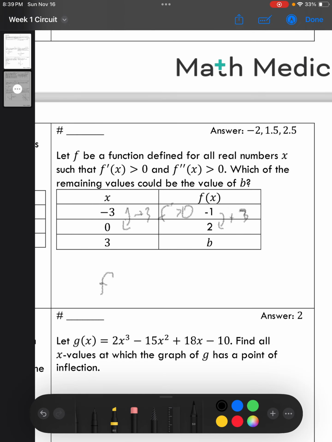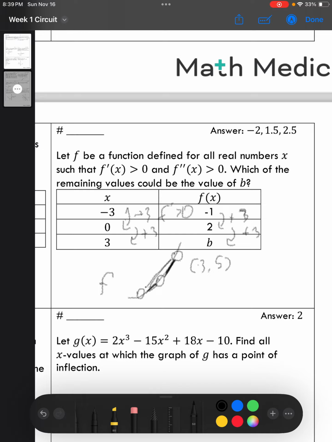So if we skip another +3 and then we look at b, the point would kind of be 3, 5, but since the slope is increasing at an increasing rate, the line between these two first points is going to be flatter than this line right here.